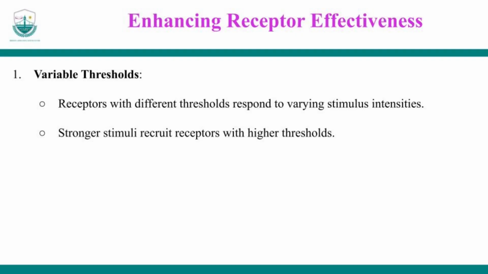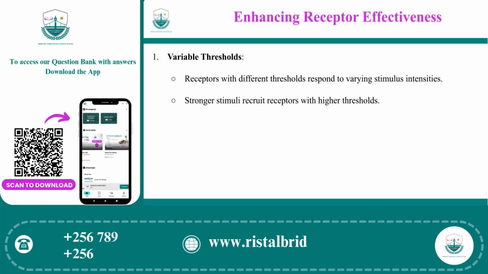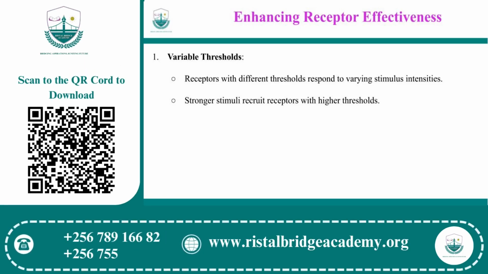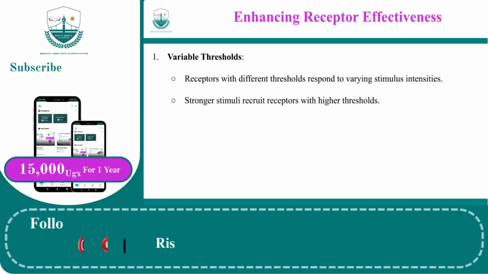Of course, there are different physiological mechanisms that ensure that these receptors are very responsive. Being very responsive is about the fact that they can respond even to slight changes in the stimuli.